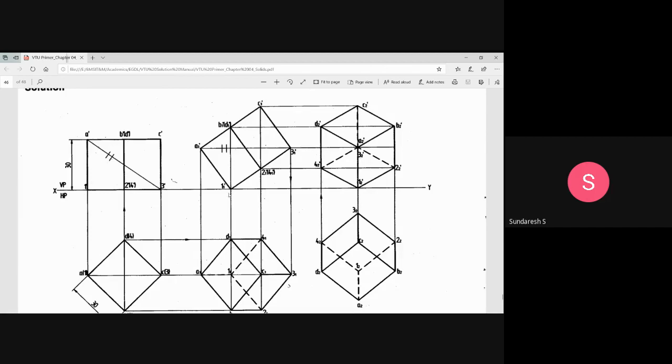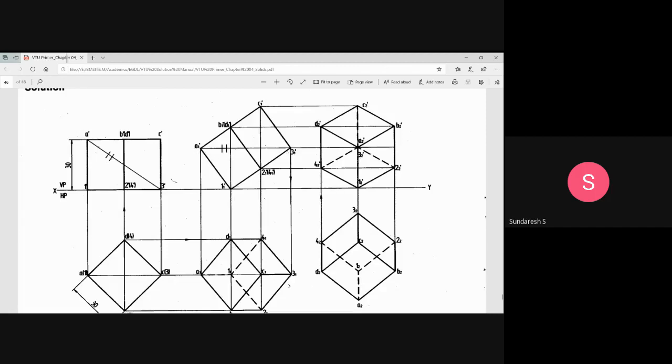Okay. So first you mark the point 1 dash on the XY line and draw that vertical line for the distance you have measured. Then you have to draw A dash and 3 dash exactly parallel to the XY line, which passes through that point.